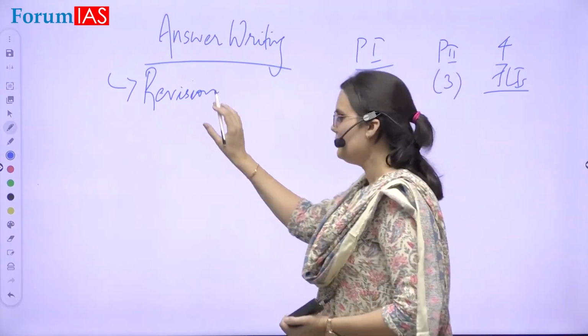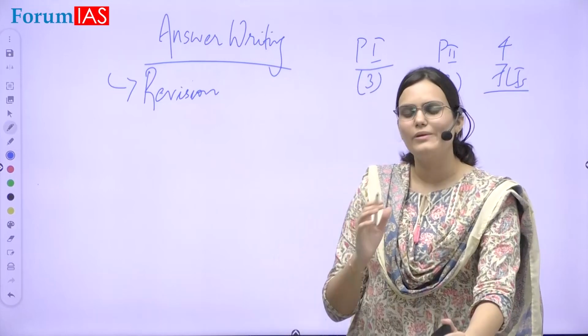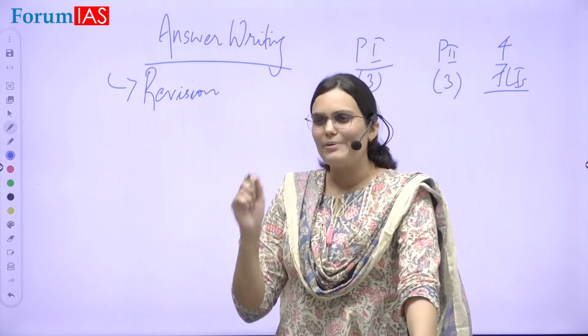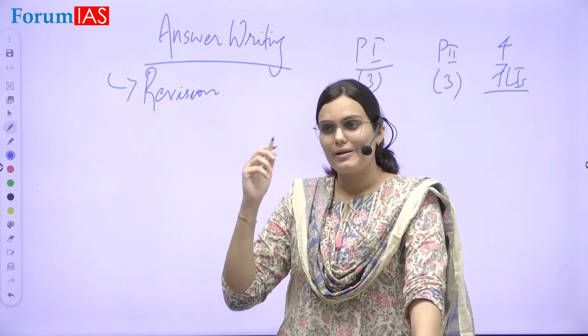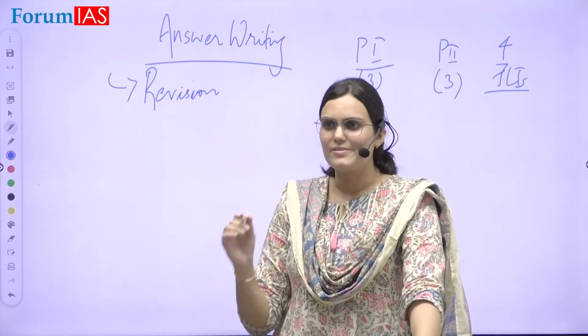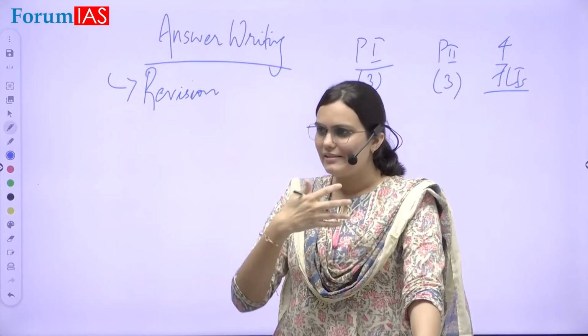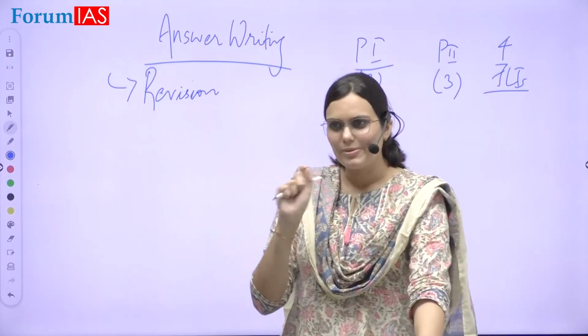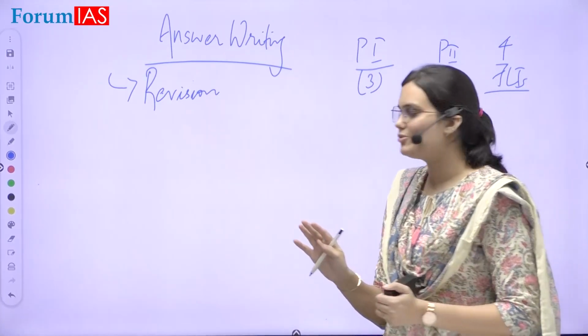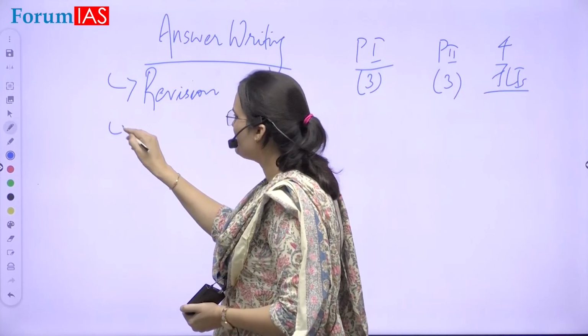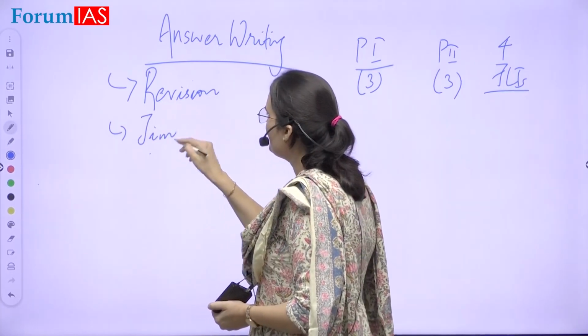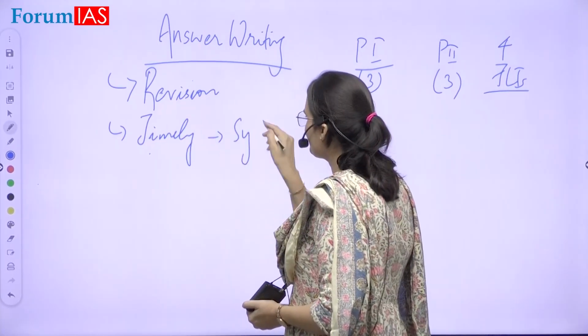The first aim is to revise, because no matter how many notes we have, the primary need is that I should be able to replicate what I have read in the exam. If I have read 100 types of notes but I'm not able to write, again, that's a zero thing. So firstly, it will help in revision. Second, timely completion of your syllabus.